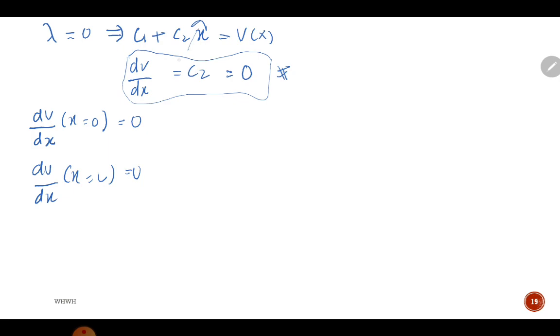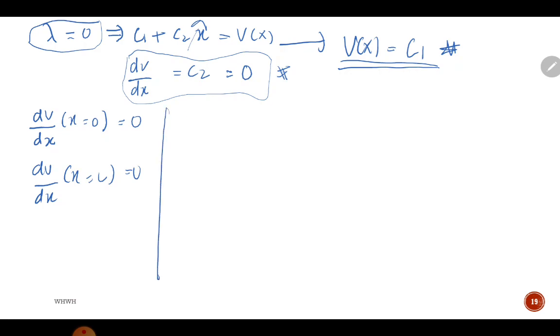So we get C2 equals to 0. Daripada sini we straight away getting Vx is equals to C1. Okay, Vx equals to C1. Terus dapat, tak perlu lambda. So maknanya untuk lambda equals to 0, we get the solution Vx equals to C1.